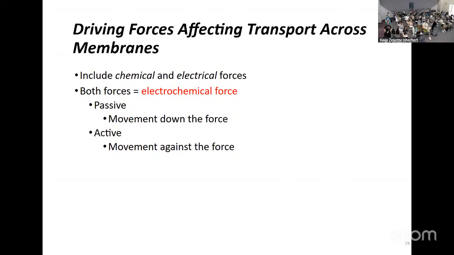But we're also going to have electrical forces, like those charges on the ions, our positive cations and our negative anions. Those forces attract each other, right? Positive charges are attracted to negative charges. And if you have two charges that are the same, positive-positive or negative-negative, they repel each other.